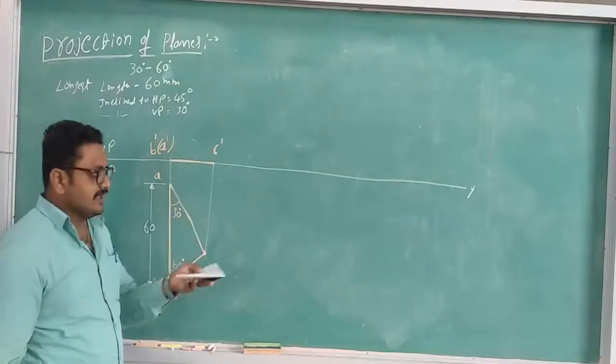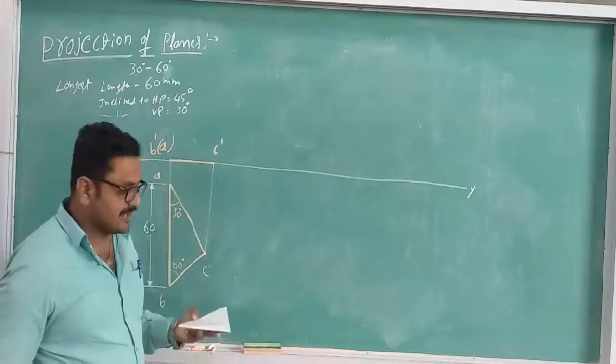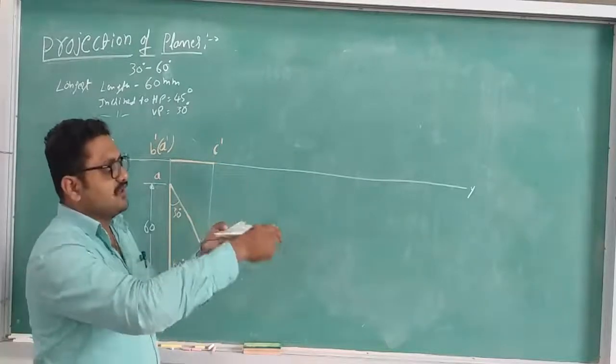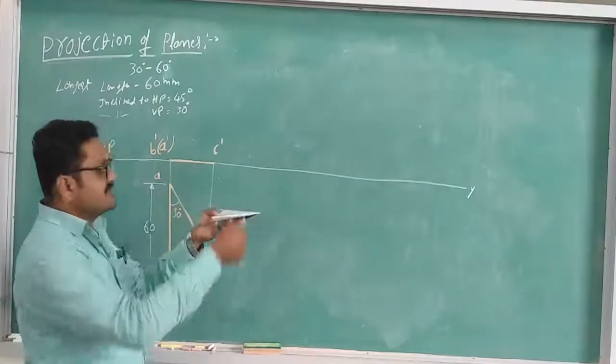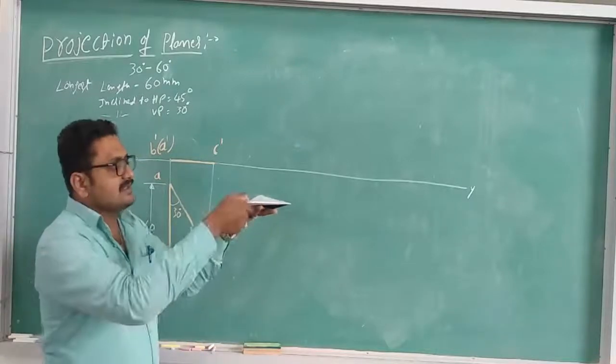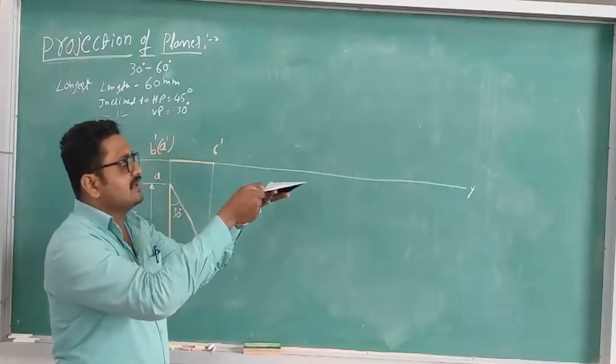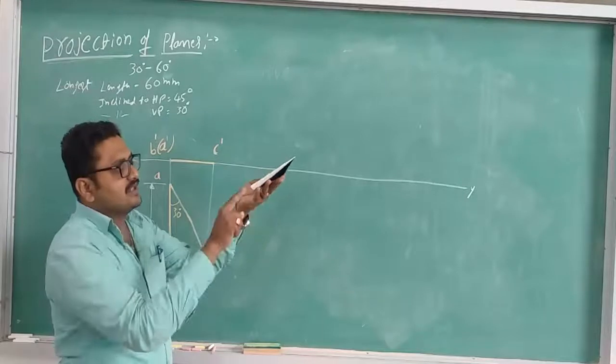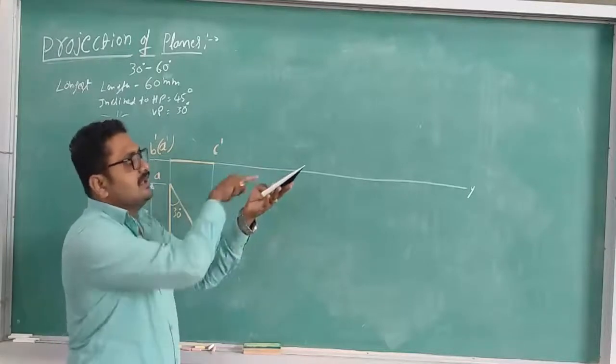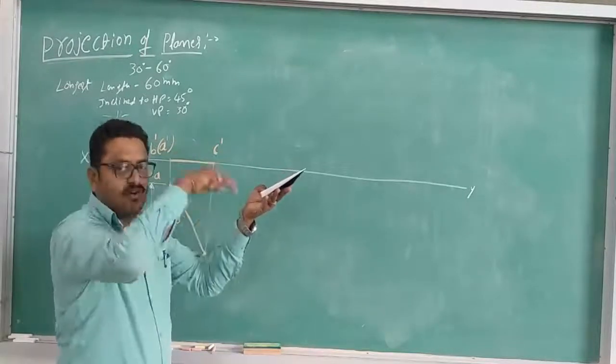Next step, we need to check the surface inclination or lamina inclination. Here they have given that the set square itself is inclined to HP at 45 degree. Set square is nothing but lamina. This lamina is inclined to HP at 45 degree, and we need to make this 45 degree by keeping the longest side resting on HP.